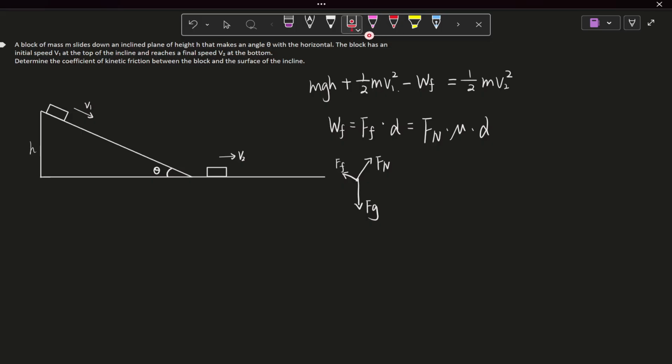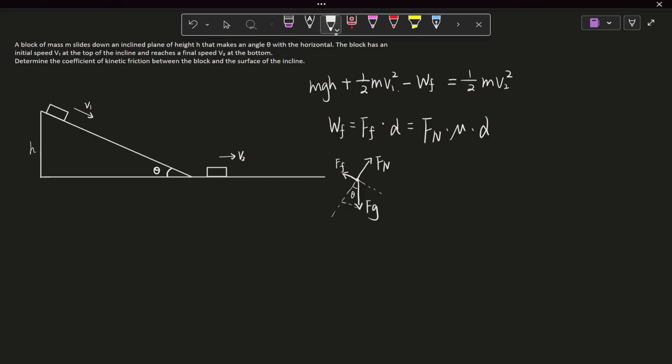And also, the block is not moving up away from the surface or breaking into the surface, right? So the object is at equilibrium in the direction perpendicular to the surface of the incline. So we can just write the net force equation out.